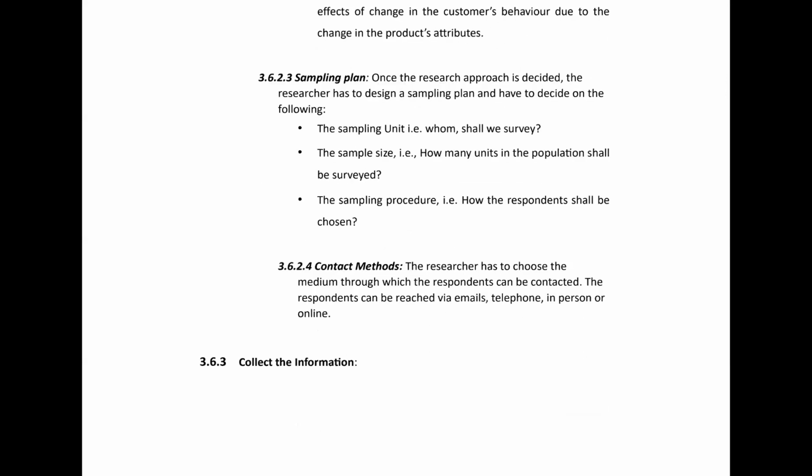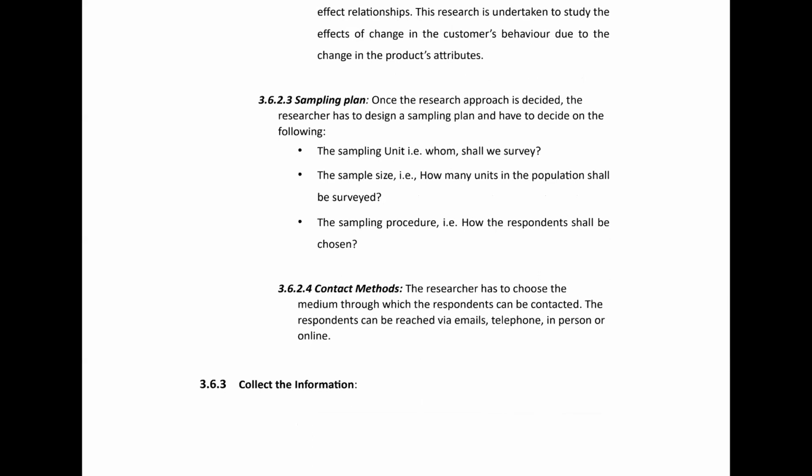Right. Then you should look at the sampling methods. We have looked at the sources of data when you're developing a research plan, and we have looked at the research approaches. Now we can look at the sampling plan.